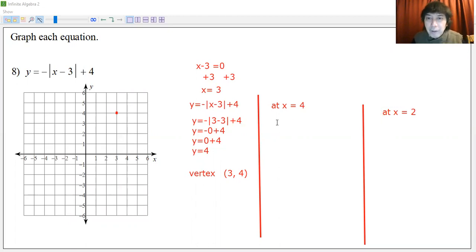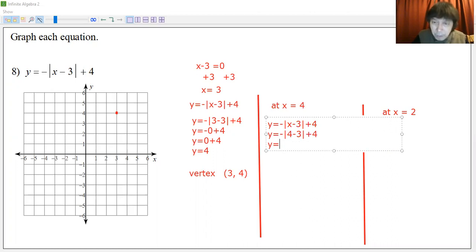Then use the equation with these values to solve for the corresponding y values. So we will write the equation again. y is equal to negative of absolute x minus 3 plus 4, and we shall compute. This is now negative of the absolute of 4 minus 3, plus 4. This continues with negative absolute of 1 plus 4.